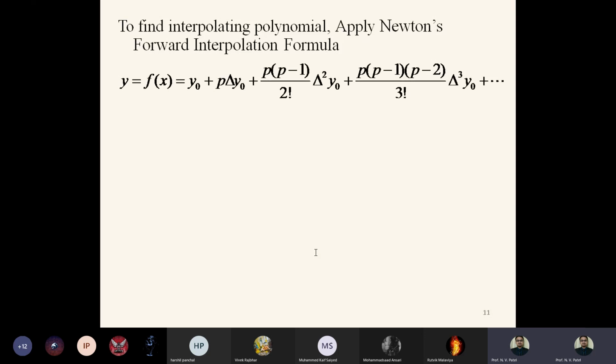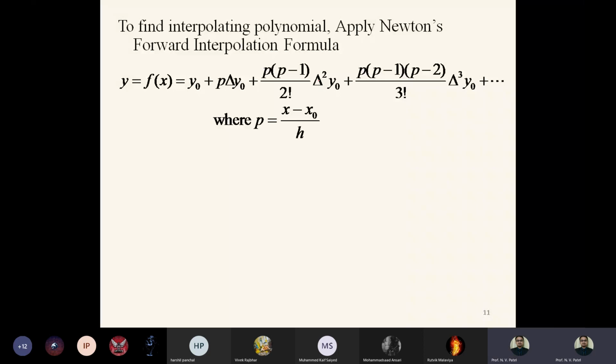Now to find our interpolating polynomial, we apply Newton's forward interpolation formula: y0 plus p delta y0 plus p into p minus 1 by 2 factorial delta square y0 and so on. From this table we can write the values of y0, delta y0, delta square y0, delta cube y0 and so on. But to find the value of p, the general formula of p is x minus x0 upon h.